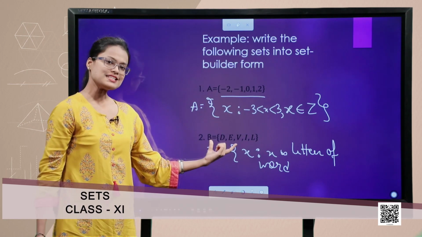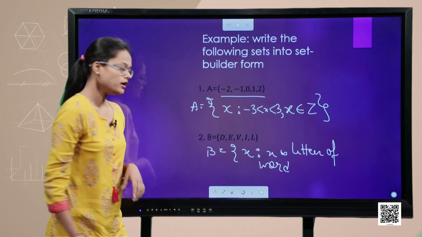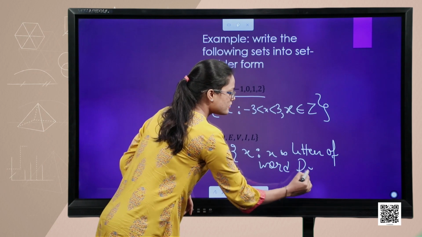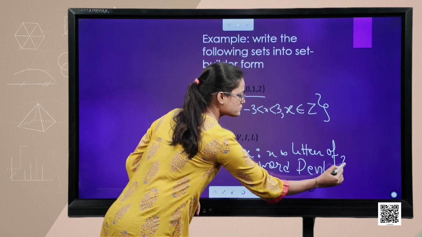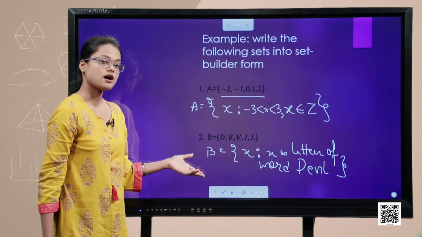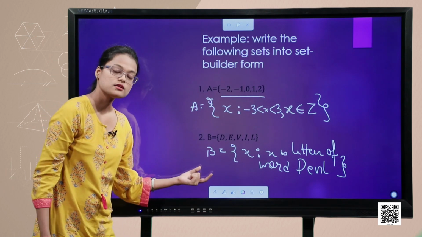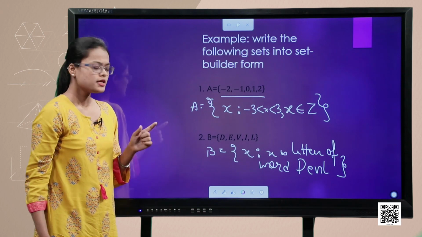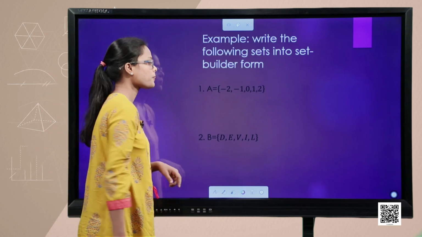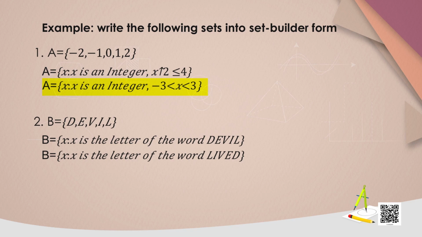From the letters itself, it is clear. What is the word? Devil. So this is how we can represent our set into a set builder form. See the answer. This is how we have represented A in this case, and B like this.